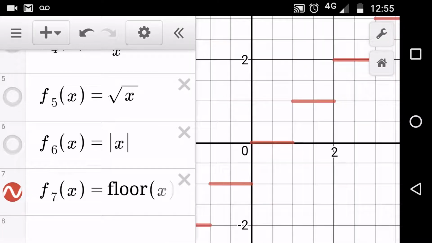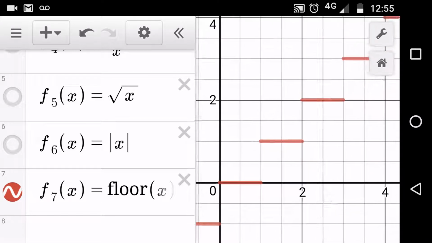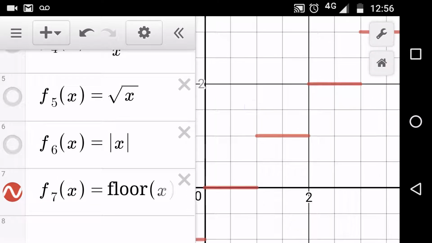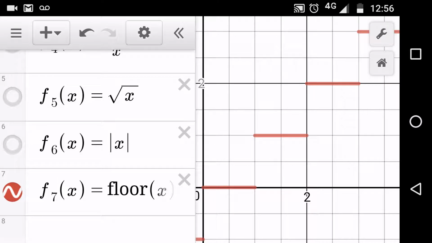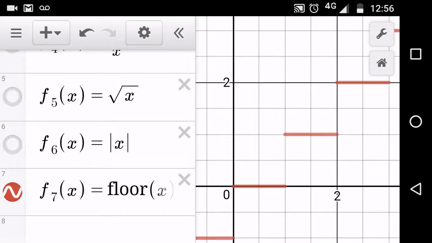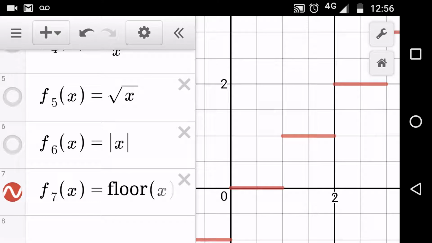Say, for example, if your number is something like 1.7 over here, then the integer part is just 1. And that's why your function is here.